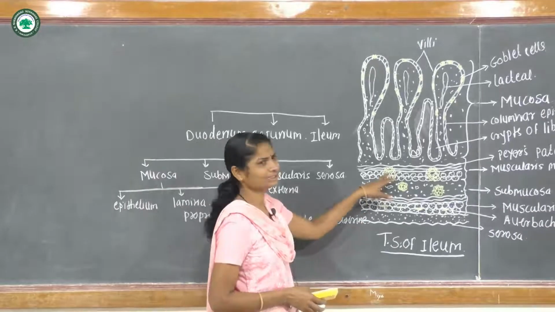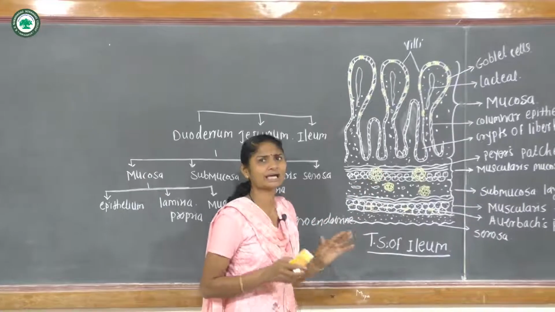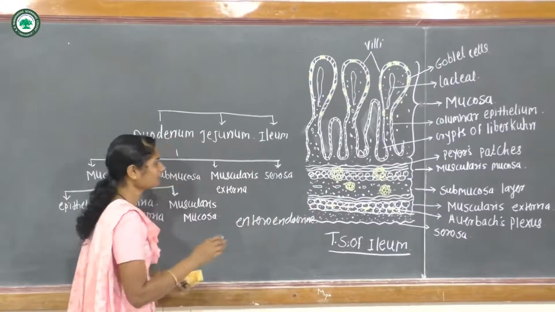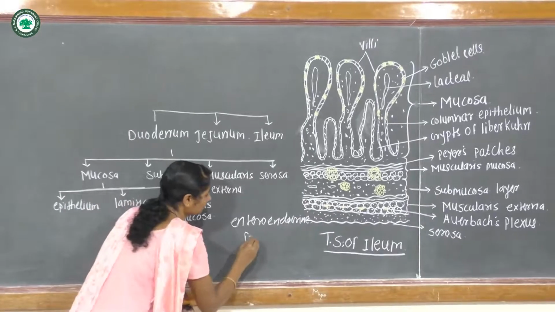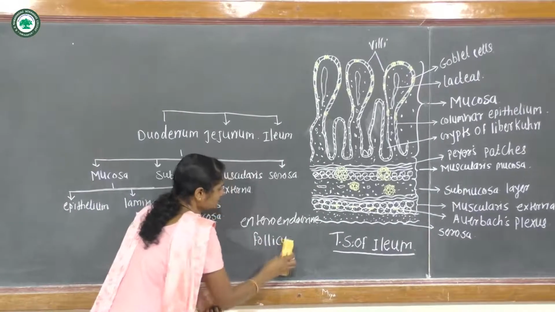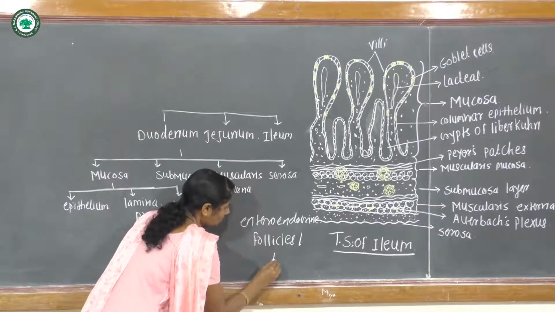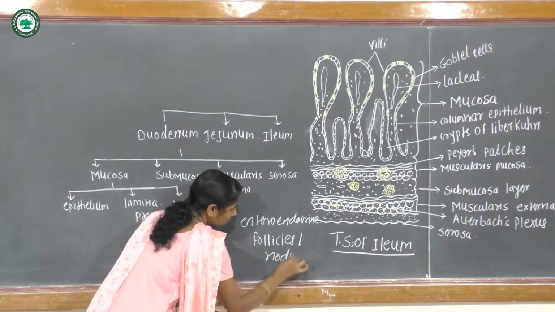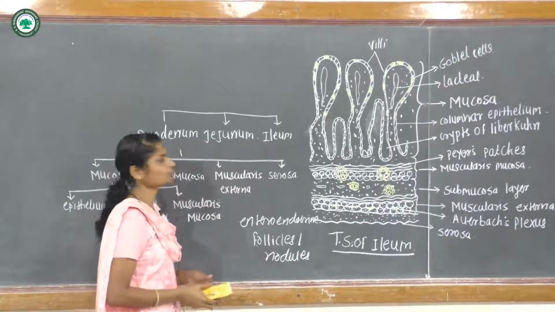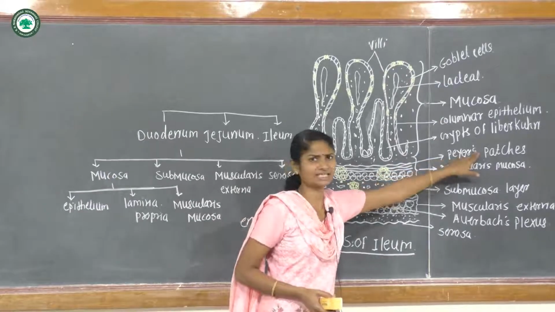We can notice in this diagram these lymph cells are closely packed and form lymph follicles or nodules. Groups of these follicles or nodules are called Peyer's patches.